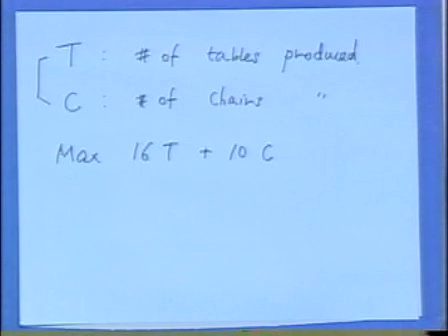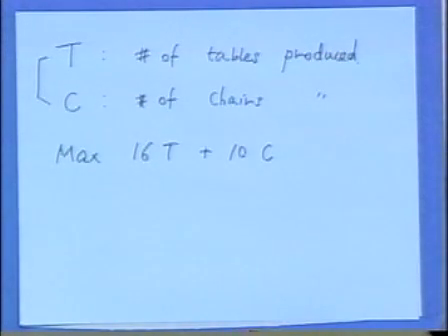Now we need to determine if the values of each decision variable are limited by any restrictions. Okay? That is called constructing the constraints, right? So in our case, each table uses 2 large bricks and 2 small bricks.